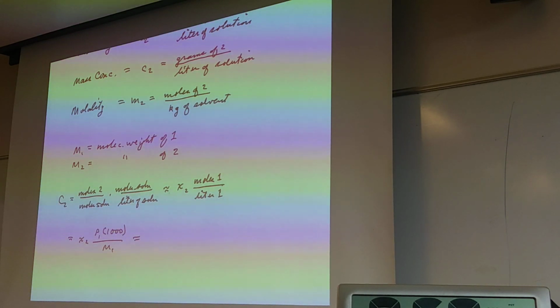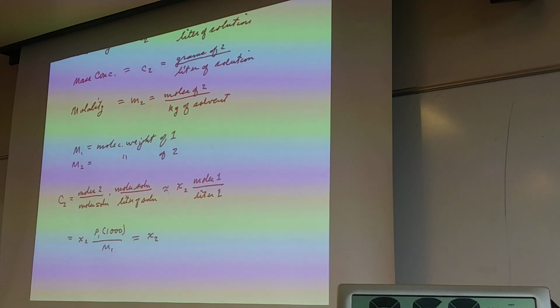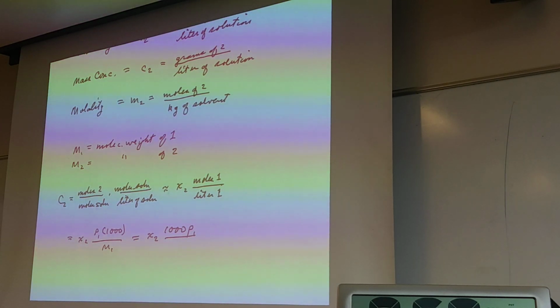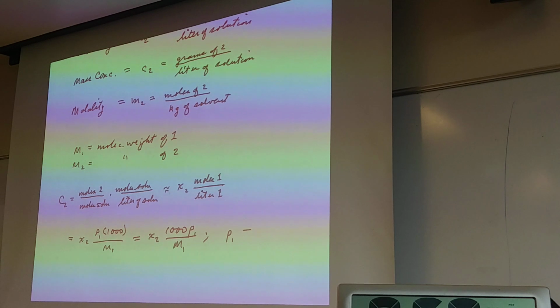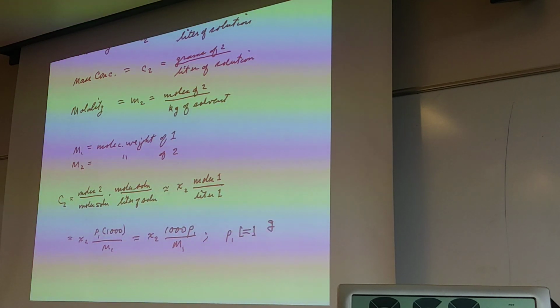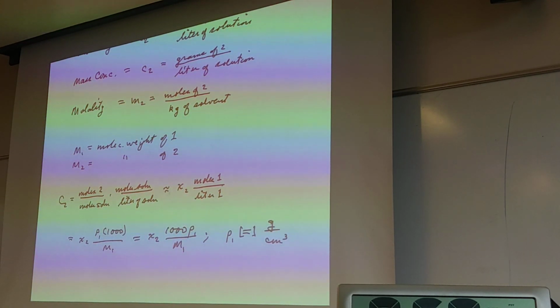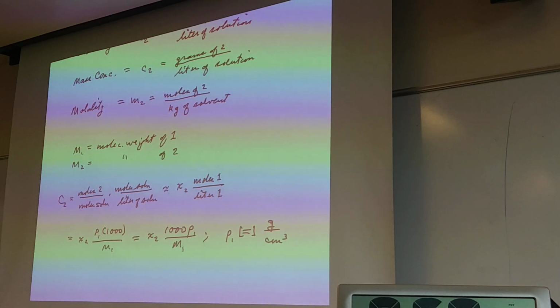And here is X2 times 1,000 times the density in grams per cubic centimeter over the molecular weight. So let's just remind ourselves of that. This is in units of grams per cubic centimeter. So we see the proportionality between the molarity and the mole fraction here is 1,000 rho 1 over M1.